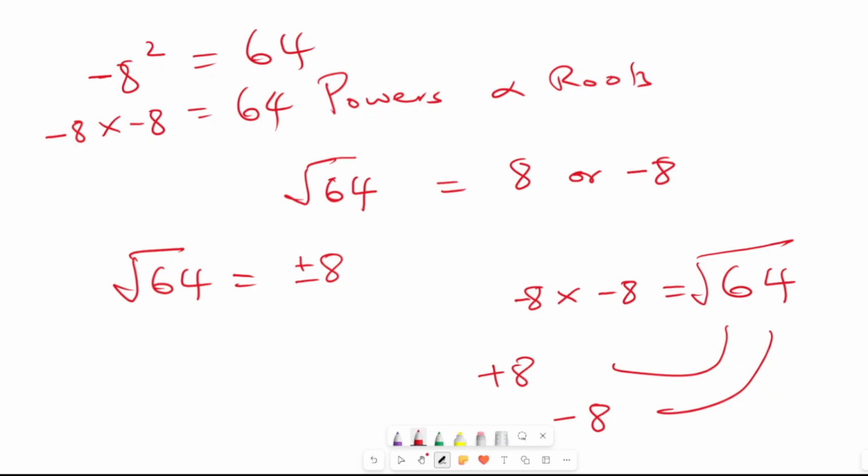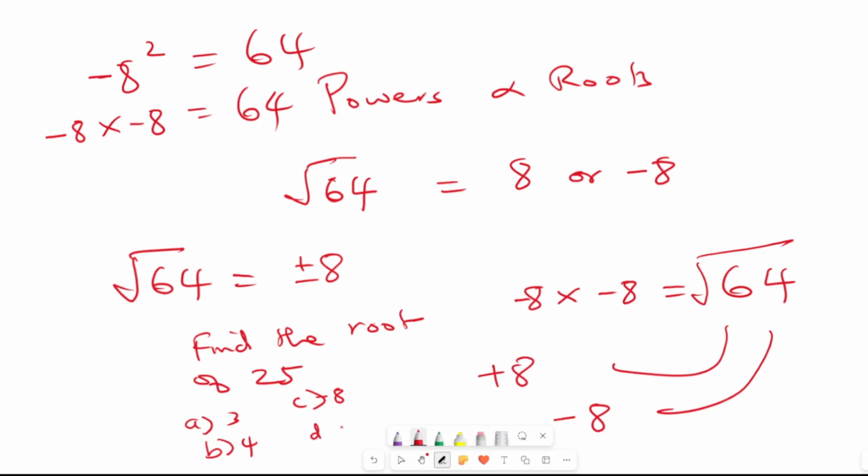So you can have an MCQ, a multiple choice question, and I say find the root of 25. And then I'll give you some numbers. A, 3; B, 4; C, 8; D, -5; and E, 7. A student will come and say, I didn't find the answer.